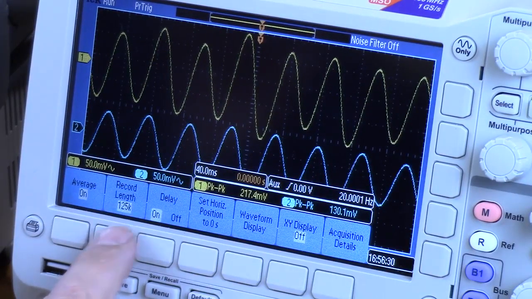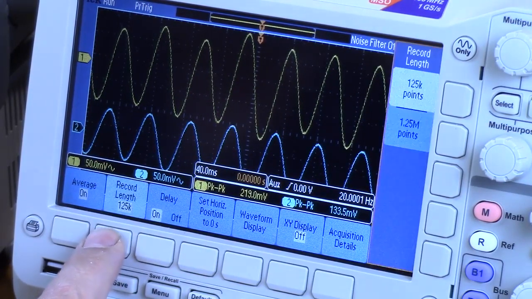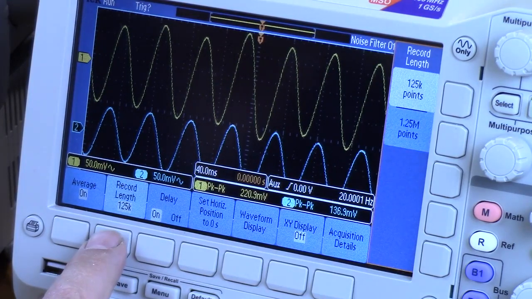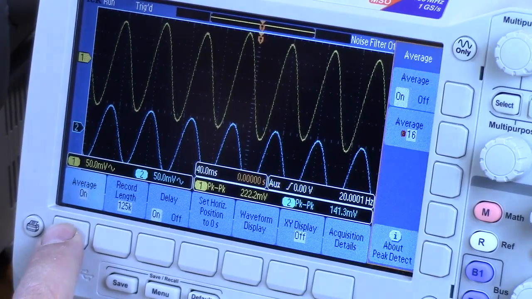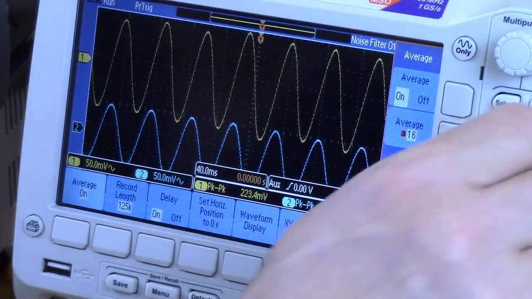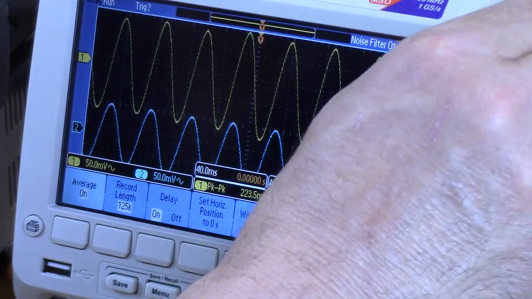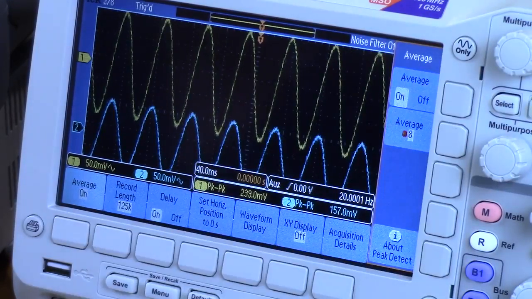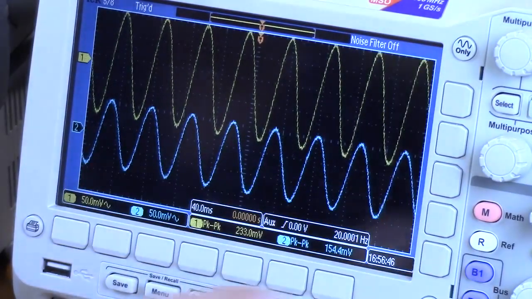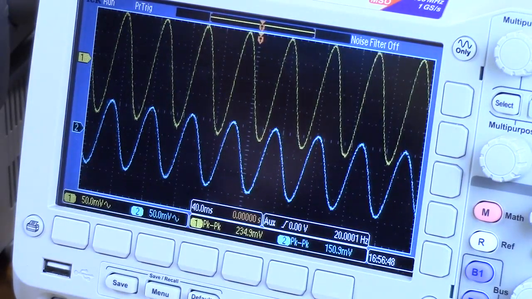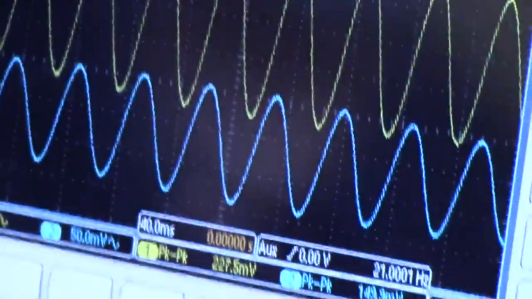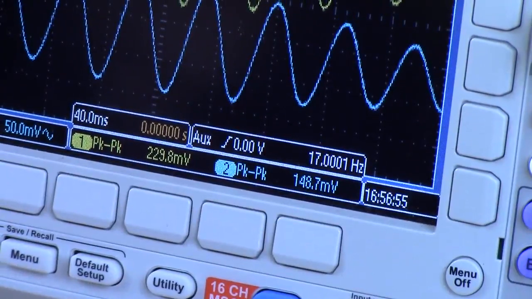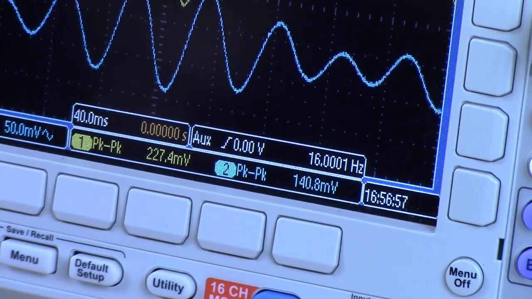So averaging, record length. No, we don't want that. Let's see if that makes a difference. Okay, so we now have overshot again. So we want to bring the frequency down till we get to 123. That's better. It's responding a little quicker now.